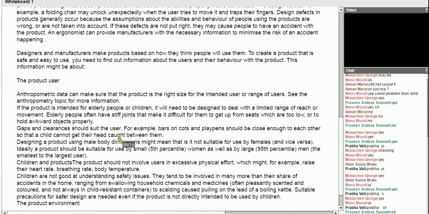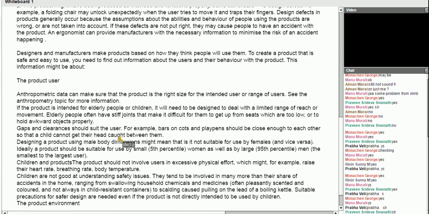Designing a product using male body dimensions might mean that it is not suitable for use by females and vice versa. Ideally, a product should be suitable for use by small women as well as by large men, and children.